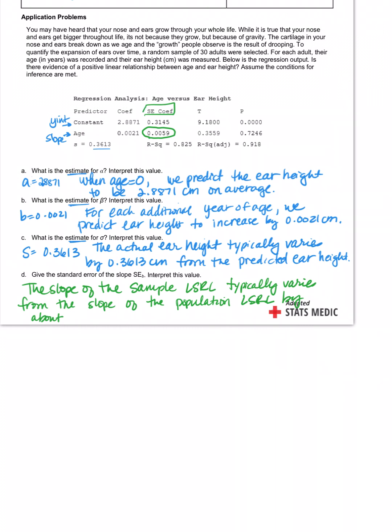That number right next to the slope is your standard error of your slope. 0.0059 centimeters per year. And using that unit of centimeters per year, that gets your context in there, okay? That's your context.